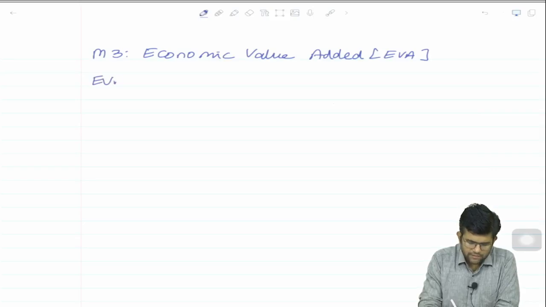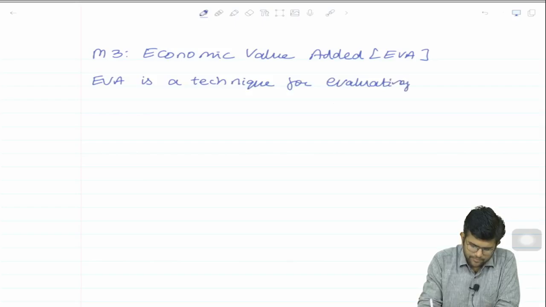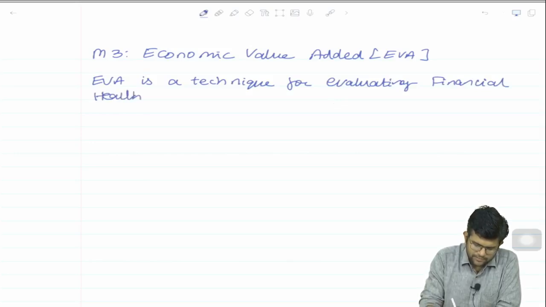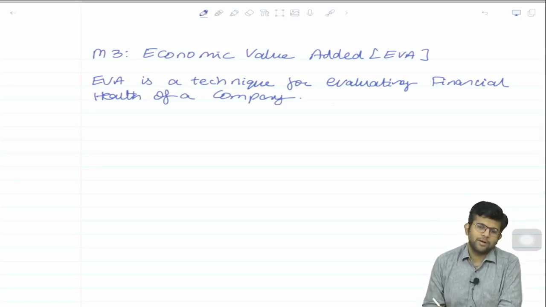Write down EVA is a technique for evaluating financial health of a company.